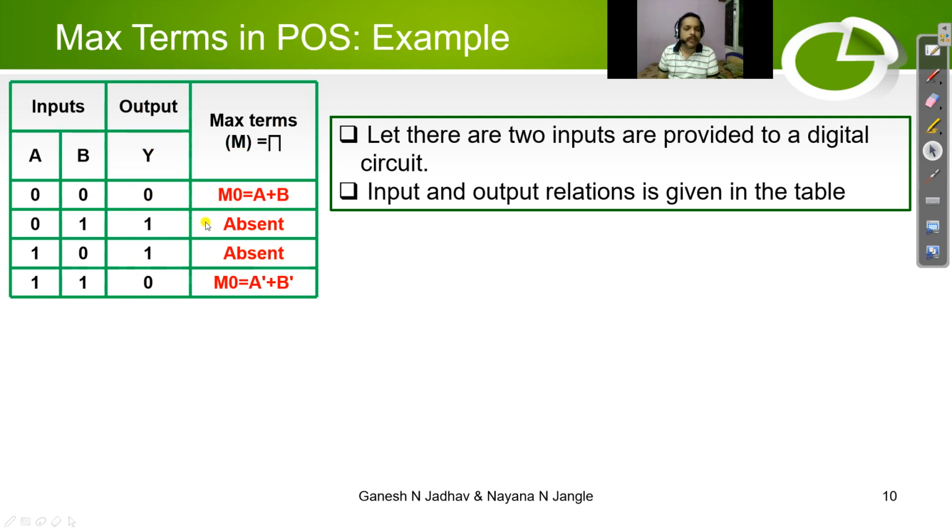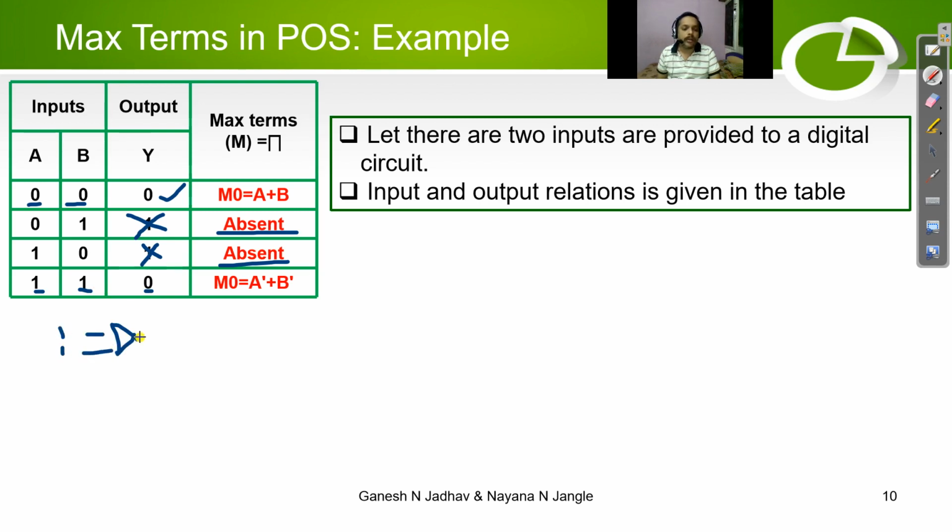So we have to concentrate on where the output is equal to 0. Don't consider the term where output is equal to 1. We have to discard these two terms, because here output is equal to 1, and in max terms output 0 is required. Keep in mind output must be 0. So these two terms are going to be absent, and this term is going to be present. To get the output 0, we have to take A plus B. Here both inputs are 1, 1, but I want the output 0 when it is connected to the OR gate.